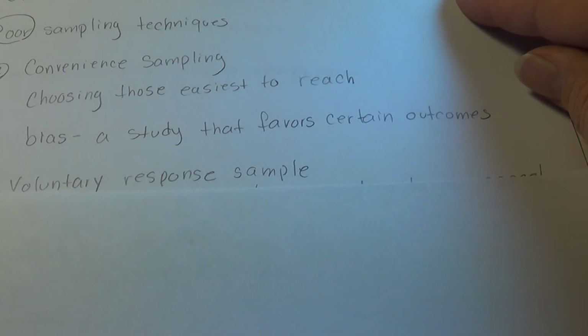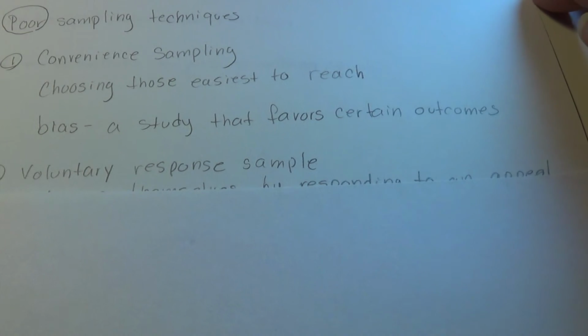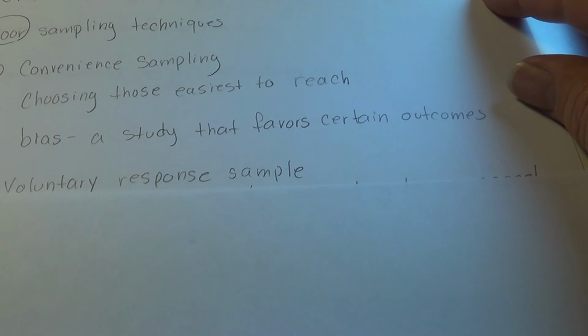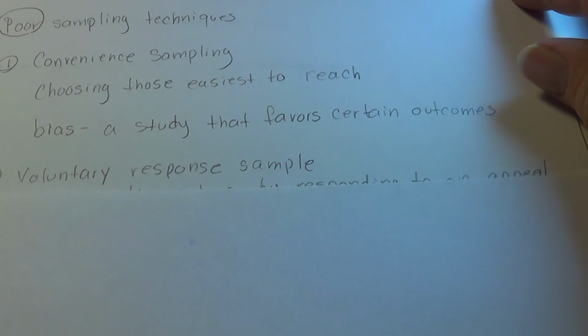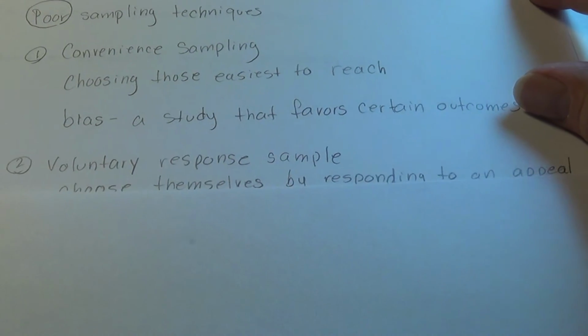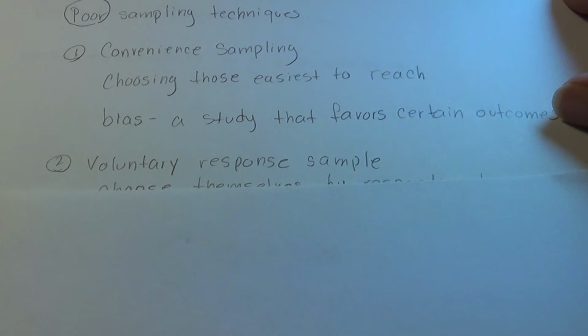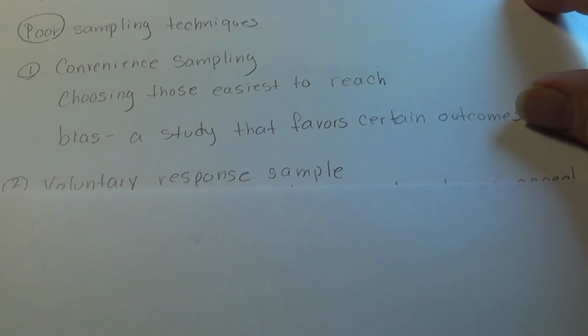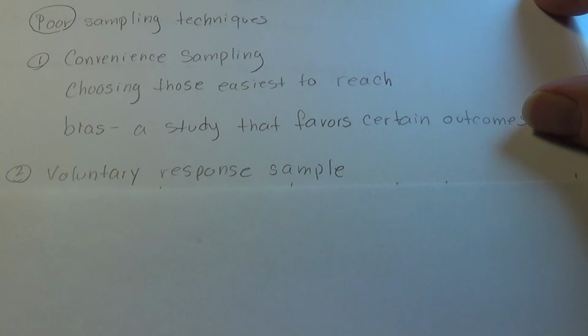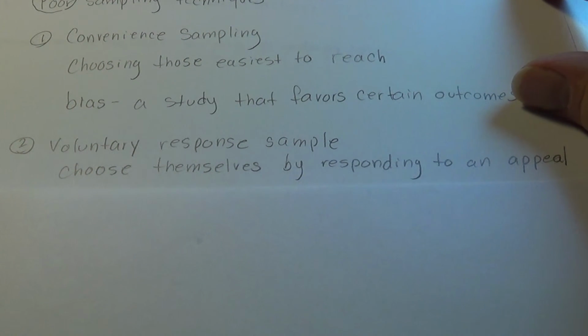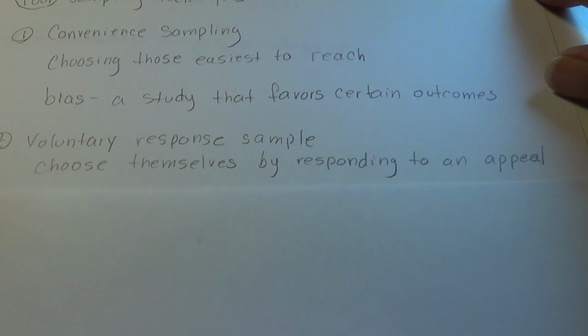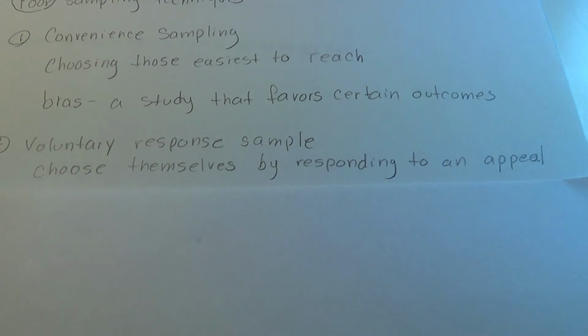All right, as statisticians. Another poor sampling technique is voluntary response sampling. It is like what its name says: the responses come from volunteers. In other words, the participants choose themselves by responding to an appeal. For example, I'm on a radio program and I say, I want to know what this nation feels about Ben Carson, so please call in and tell me what you think.